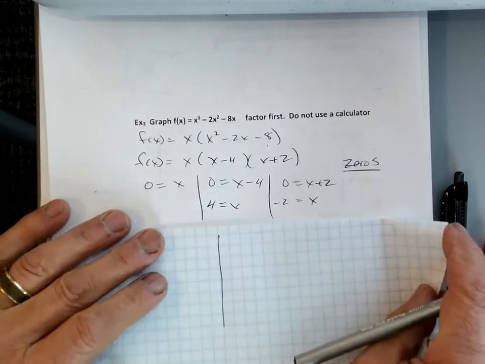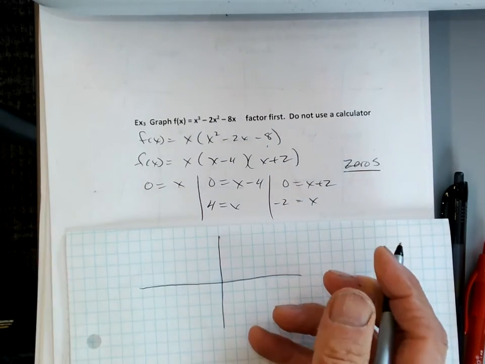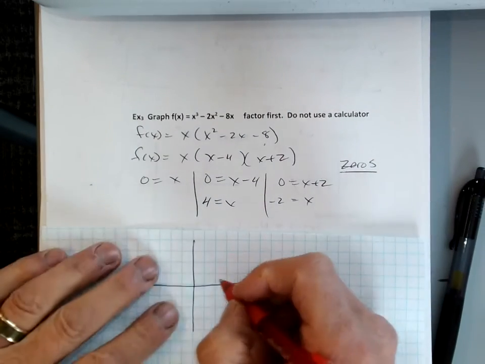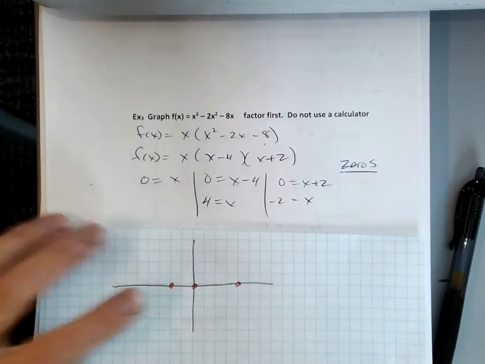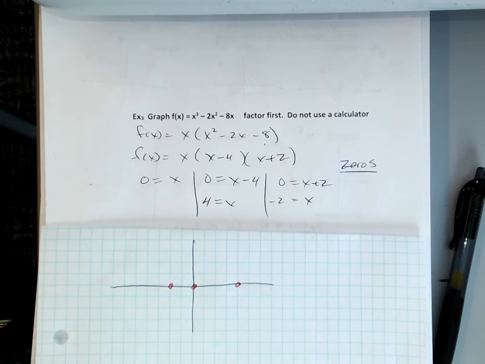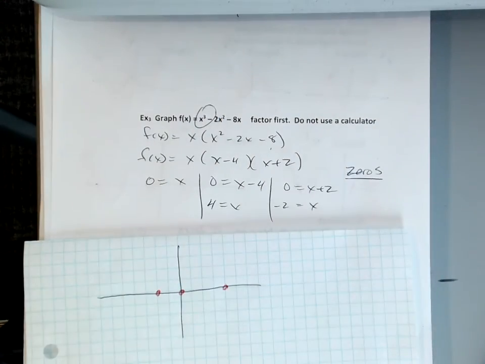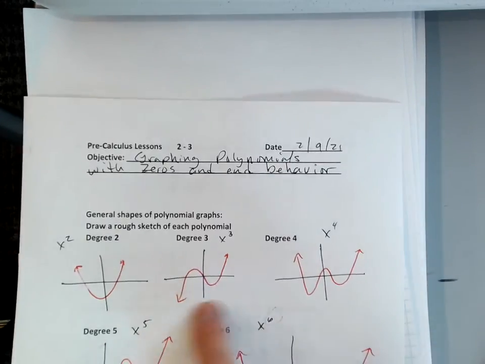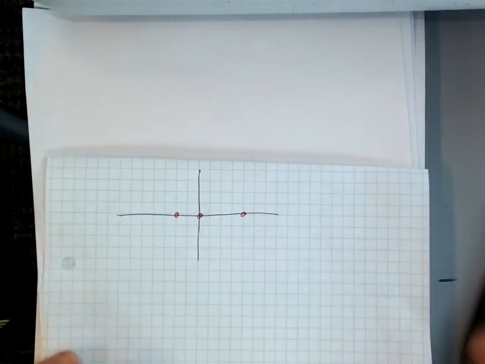Again, we're not concerned yet about the y values. Not yet. We will be someday. But right now, all we want is the shape. So the zeros are at 0, 4, and negative 2. I know it is an x cubed, and it's a positive x cubed, so it has to look like that one. I'm just going to sketch it in.